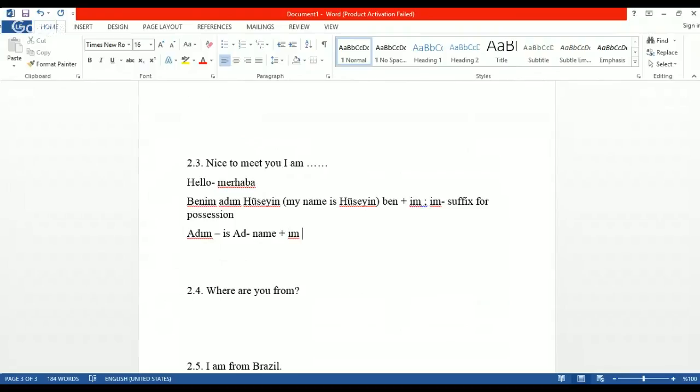Again, here the vowel harmony, or the last vowel rule that I taught for the plural, is applied. So therefore um and im are basically the same suffix, just that they adapt based on the last vowel of the word. And plus im makes it my name. So benim adım means my name.